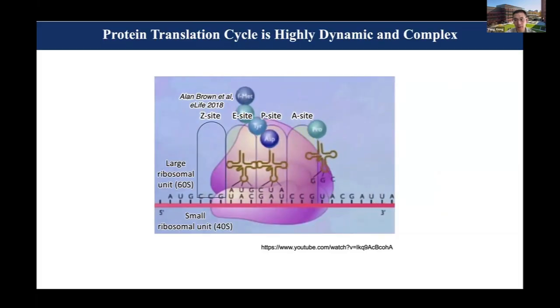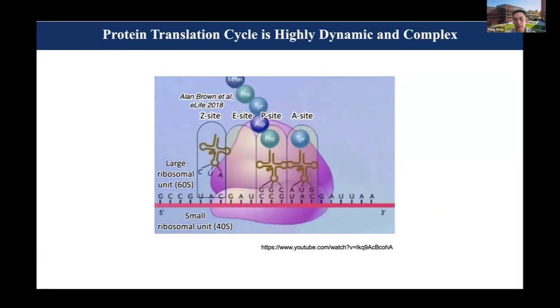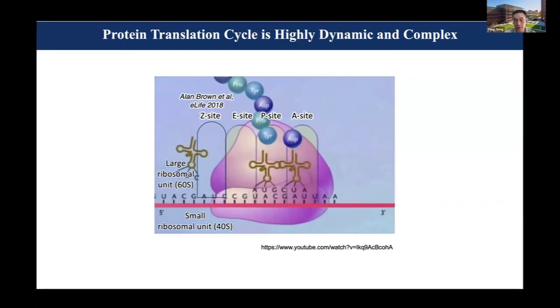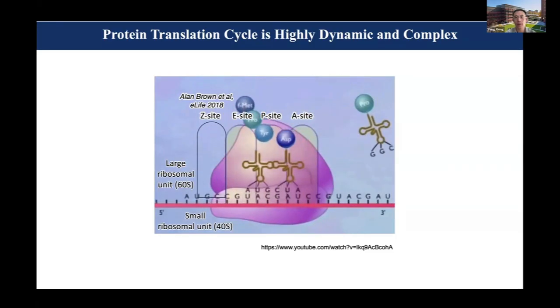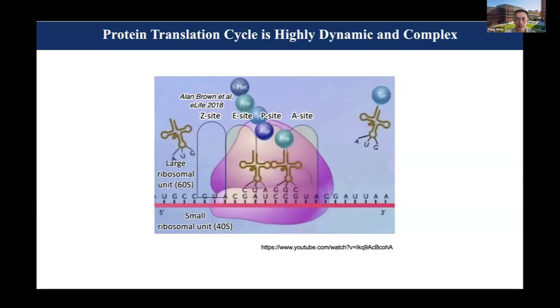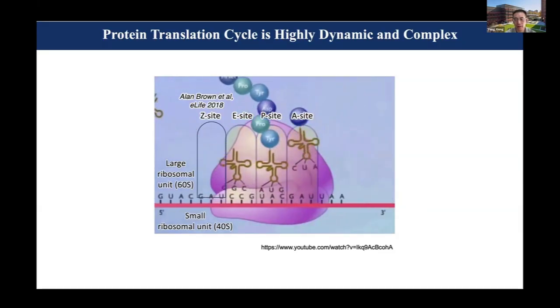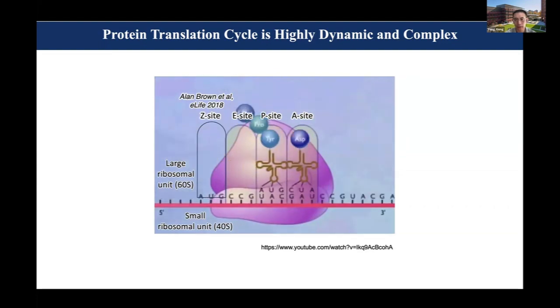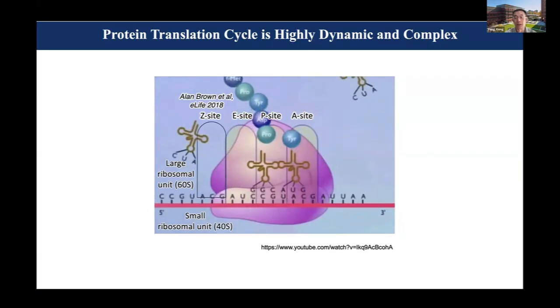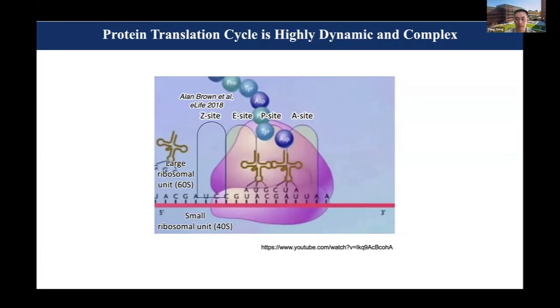For protein translation, there are almost 60 plus tRNAs bringing more than 20 amino acids to at least 4 different sites on the ribosome, and the ribosome is swiveling and ratcheting, with lots of conformational change during this process.